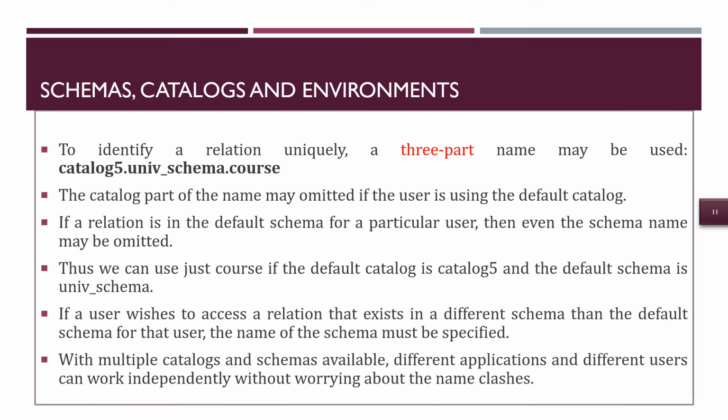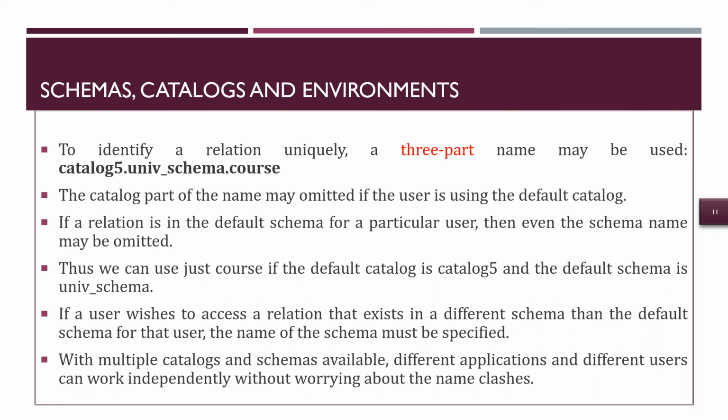So to identify a relation uniquely, a three-part name may be used: the catalog name, the schema name, and the SQL object name, that is, the relation name. For example, catalog file dot university schema dot course. The dot operator is used for separating these three parts. The catalog part of the name can be omitted if the user is using the default catalog.